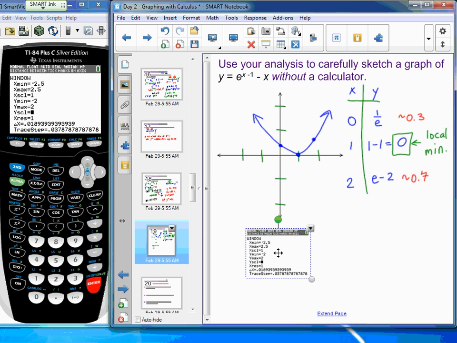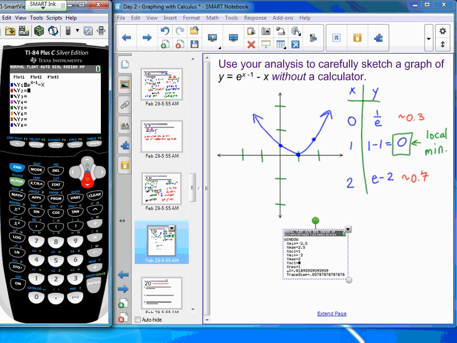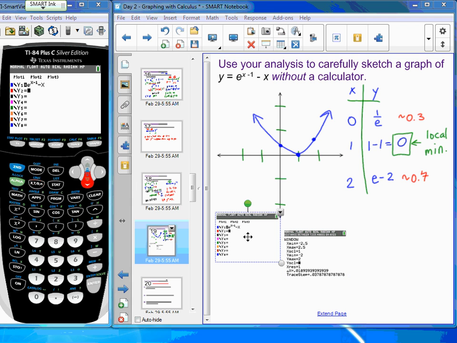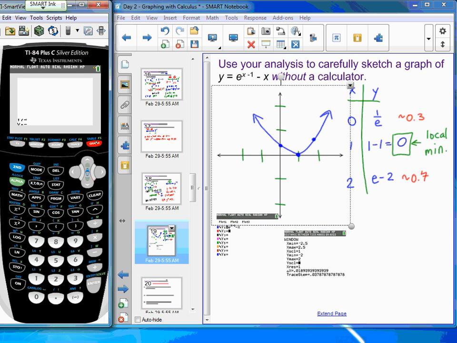We need new functions, so clear out that polynomial. We need an exponential e to the, up in the exponent we need x minus 1. Out of the exponent, minus x. Is that right? So e to the x minus 1, close exponent, minus x, and survey says, take a big deep breath, shake it out, moment of truth.